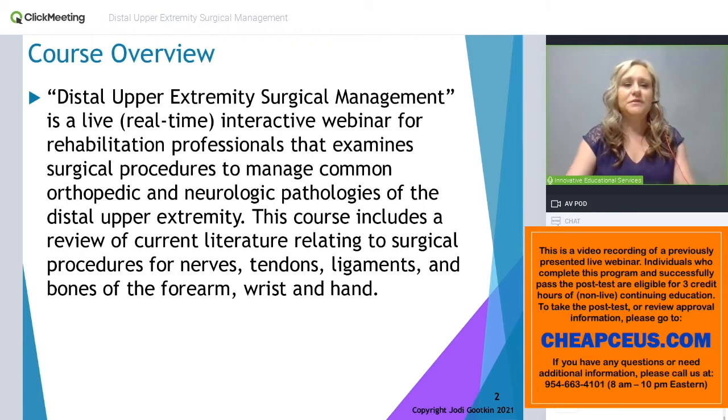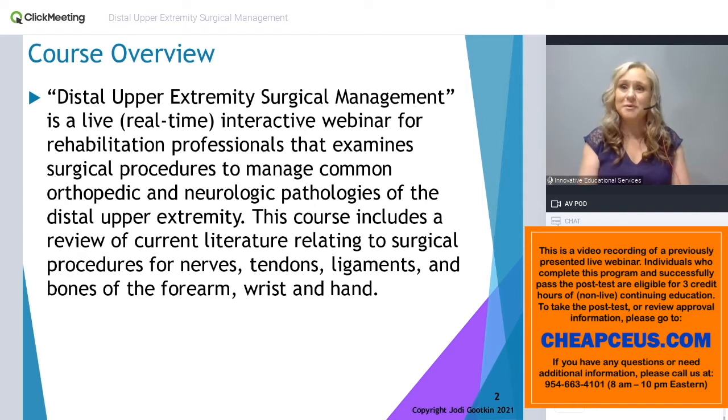What we're going to review during distal upper extremity surgical management are the common surgical procedures that are utilized to manage both orthopedic as well as common neurologic pathologies in the distal upper extremity, specifically the wrist and hand. We'll review the specific anatomy relative to these surgical techniques for nerves, tendons, ligaments, and bones in the forearm, wrist, and hand.